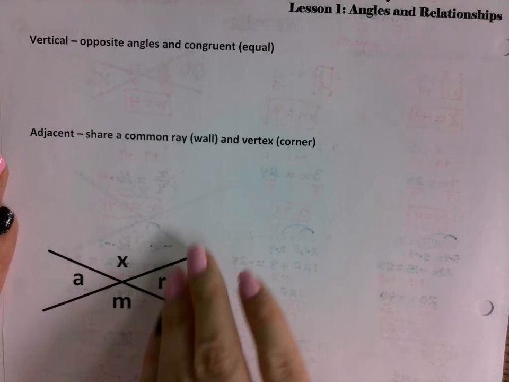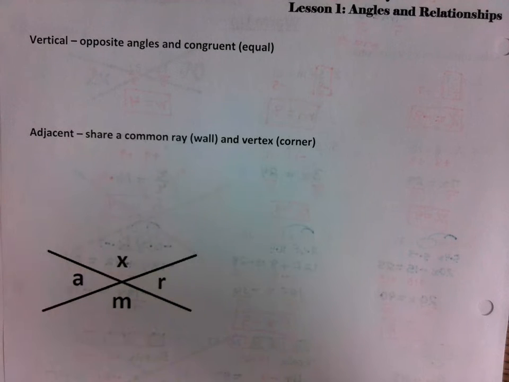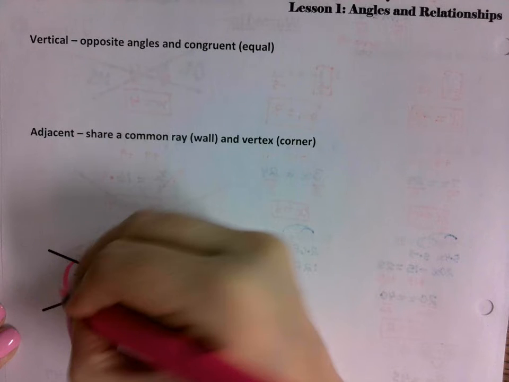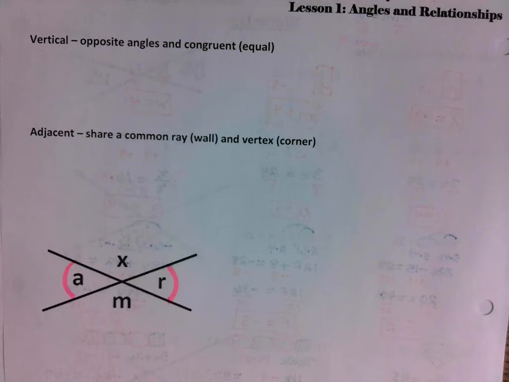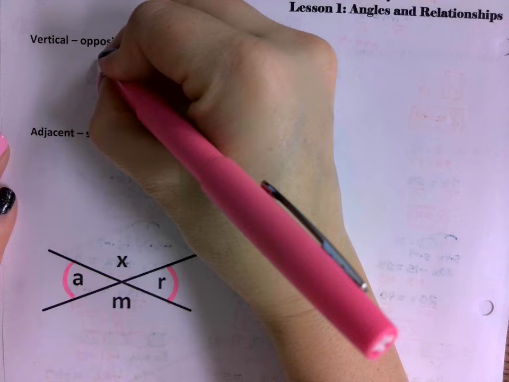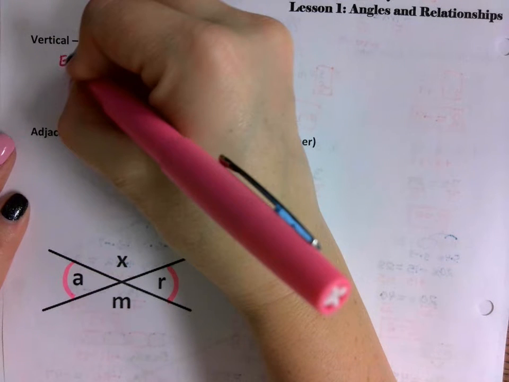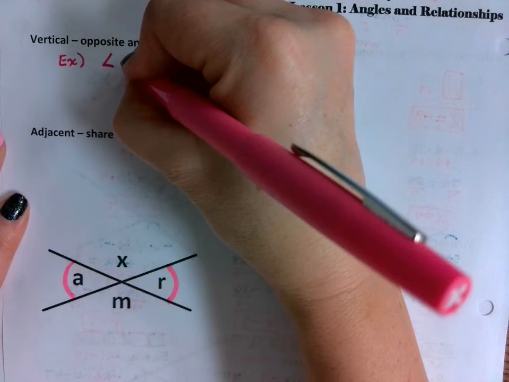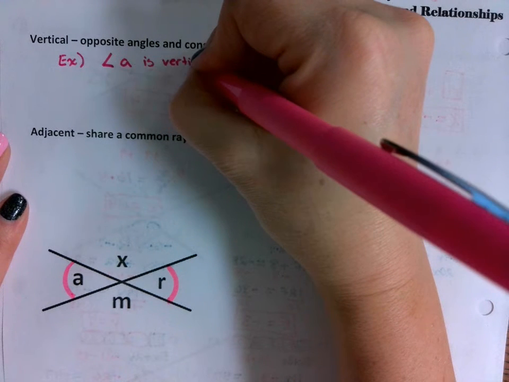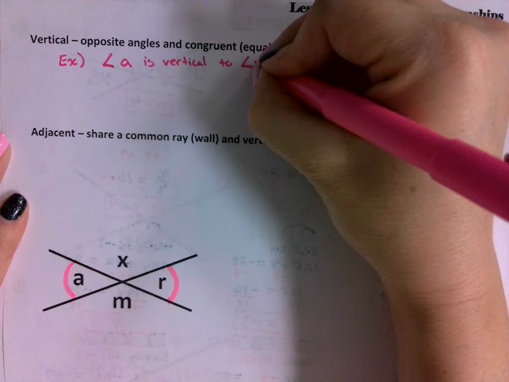So in this situation, angle, and I think I'll use pink, angle A and angle R. Angle A and angle R are considered to be vertical angles. So based off of the example below, angle A is vertical to angle R because they are directly across from each other.